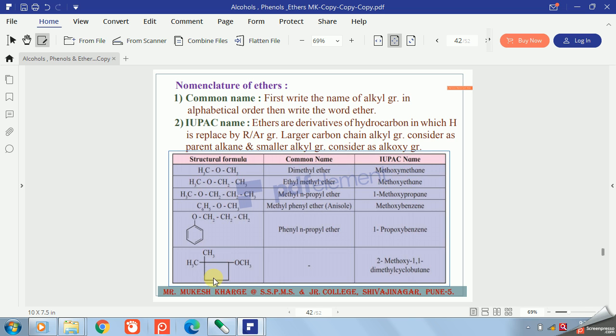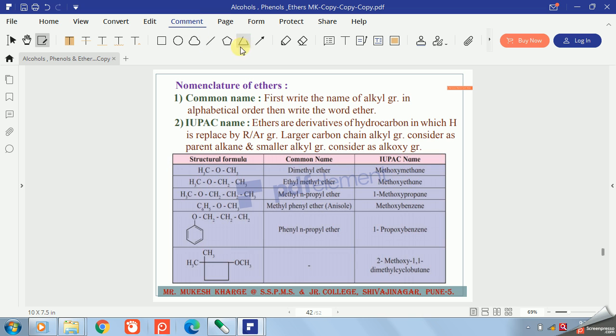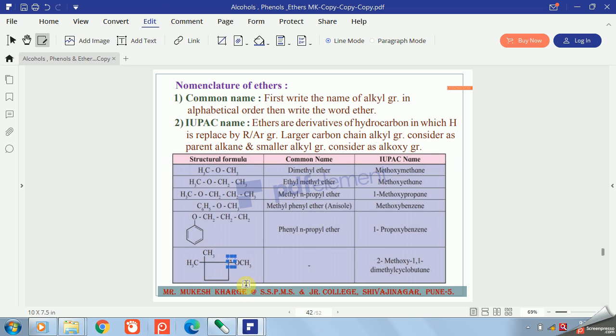Okay, so this is about the nomenclature. I think this name is wrong, and you have to write this as carbon number 1 because it contains the functional group carbon.